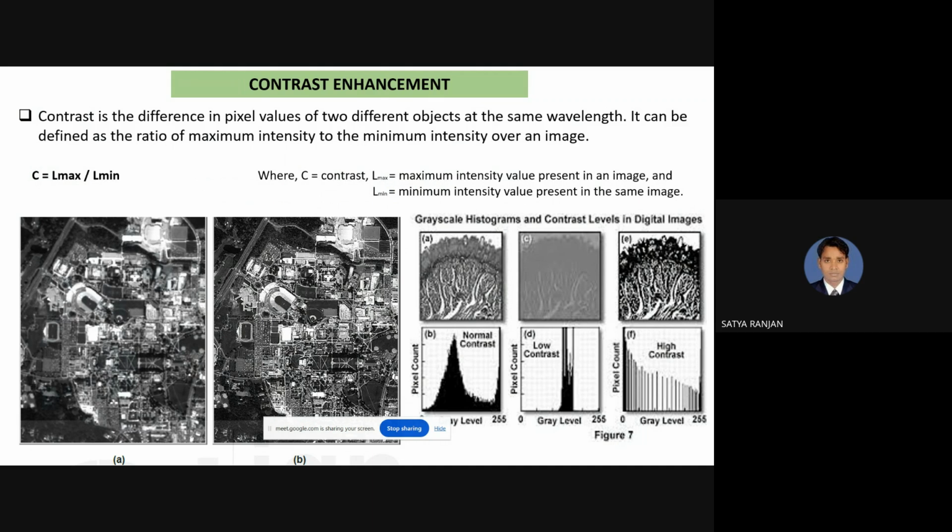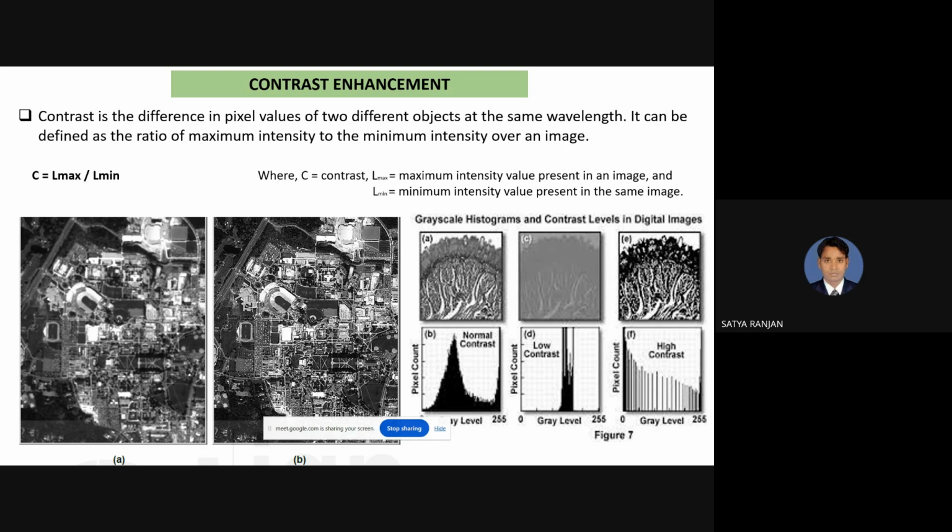So in the satellite image, like in black and white or a different multispectral satellite image, there are various contrasts. Contrast means there is a difference in the pixel value of different objects at the same wavelength, for blue or green or red, a particular wavelength. So there is a difference in the pixel values.